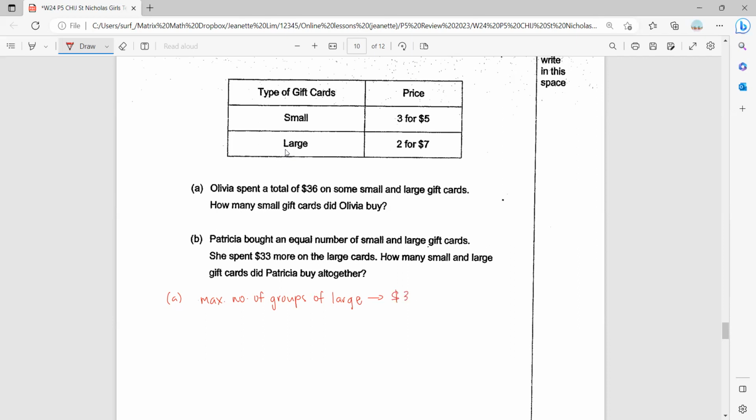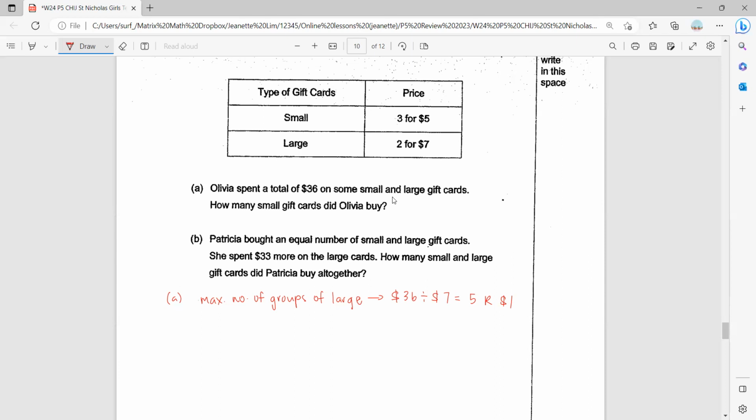Maximum I get is 5, and I have a remainder of $1. Now, this $1, the remaining amount of money, will go to the small gift cards, right? But you can't get small gift cards with $1. The small gift cards are sold at $5 in a group.